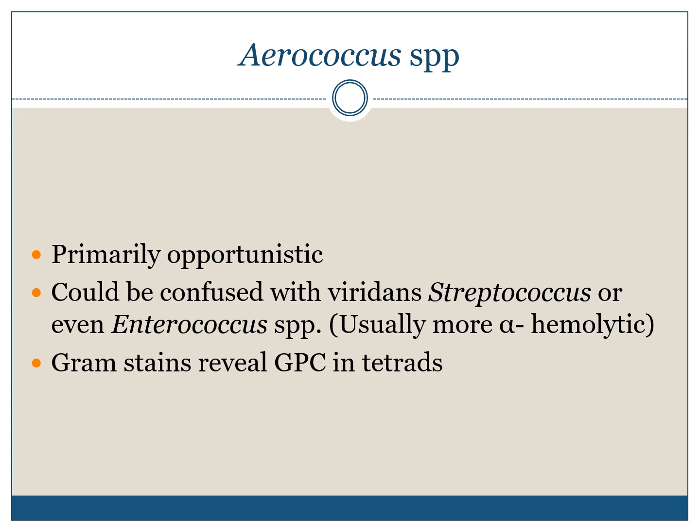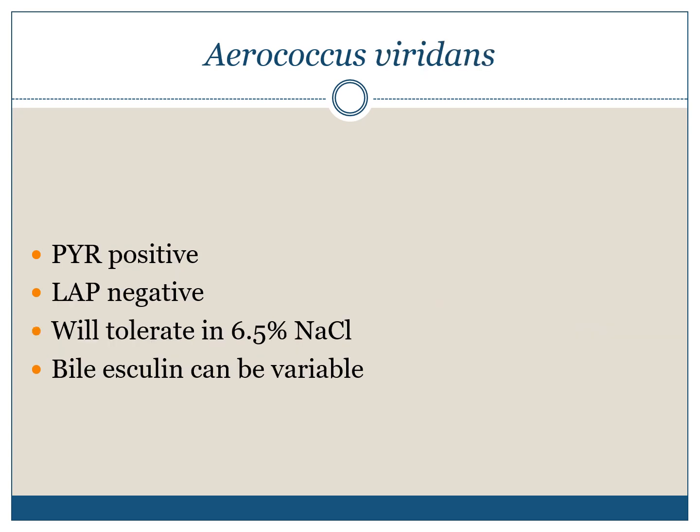Now, the enterococcus can tolerate 6.5% salt, but don't confuse them with enterococcus. They may be weakly catalase positive. Their PYR for enterococcus is going to be positive, but the LAP, which is leucine aminopeptidase, is going to be negative. So enterococcus viridans, like I said, is PYR positive and LAP negative.